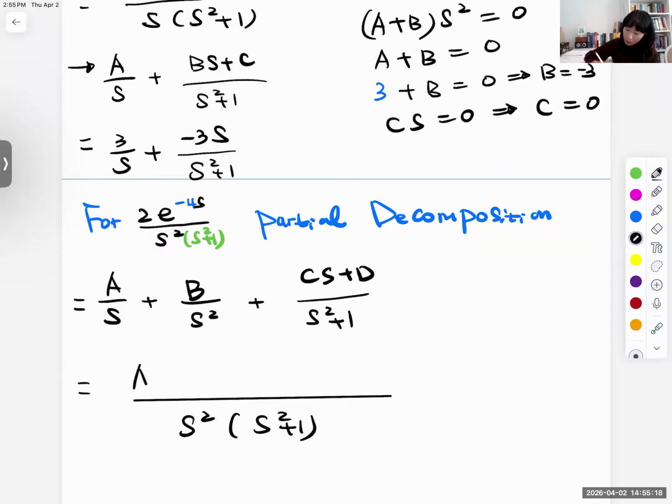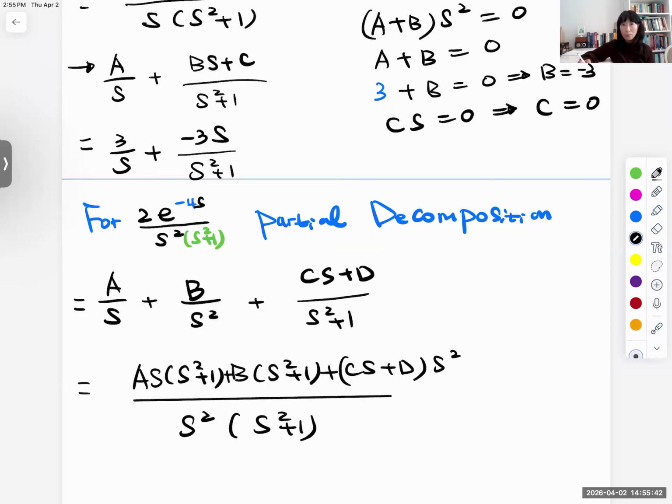Now we have a times s, then s squared plus 1, right? b plus b, then we need s squared plus 1, and plus we have cs plus d, then what we need? S squared, right?